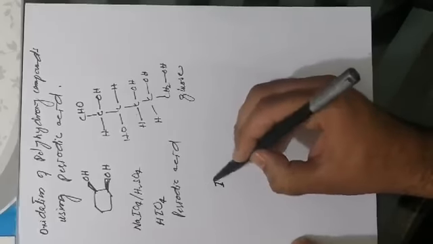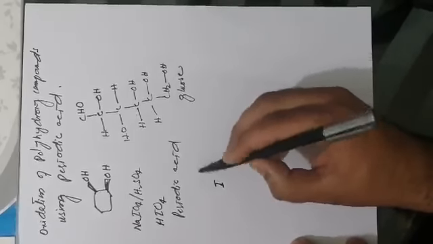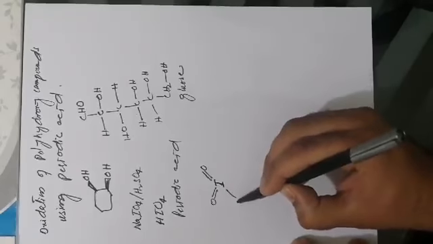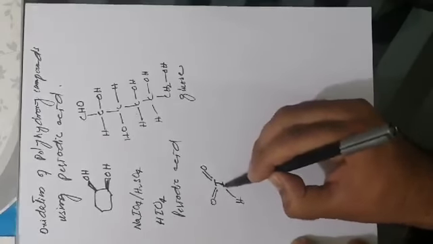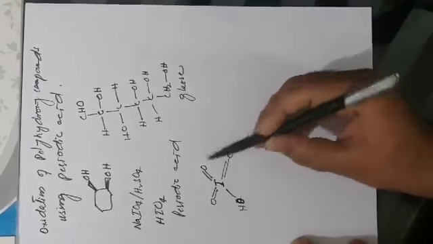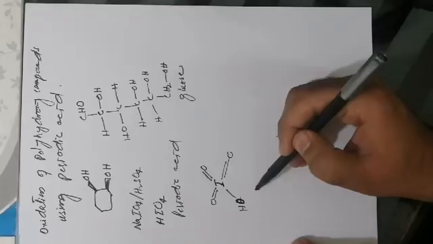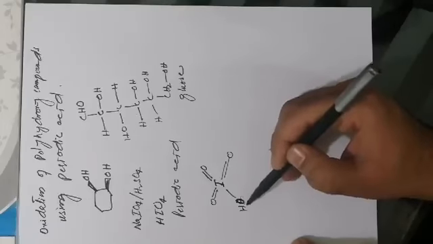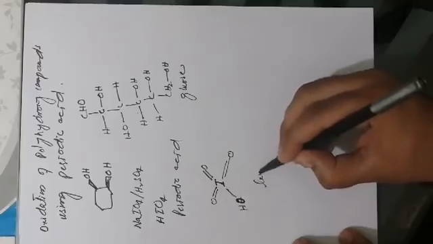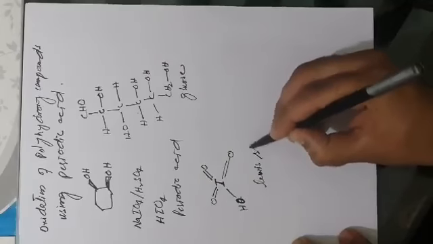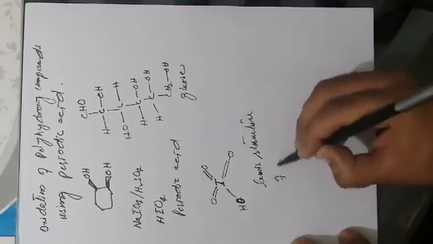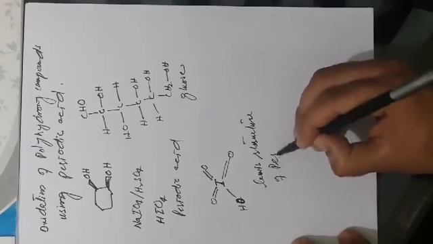Iodine can make 7 bonds, four oxygen atoms are there and one hydrogen. I am drawing here the Lewis structure of periodic acid.